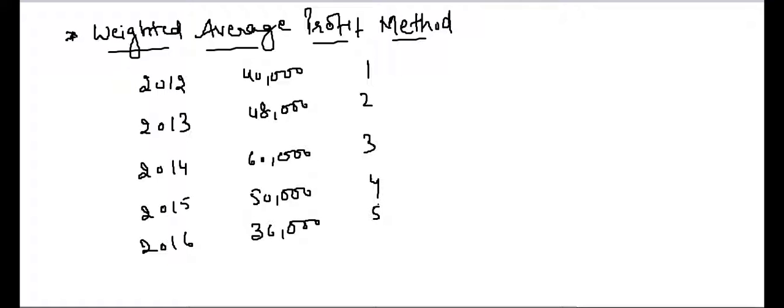Right? We'll be giving the weightage that the 2012 profits are given only one weightage. Weightage means importance. We'll be given the importance to the profits of each individual year. Then we'll calculate the weighted profit. How are we going to calculate it?